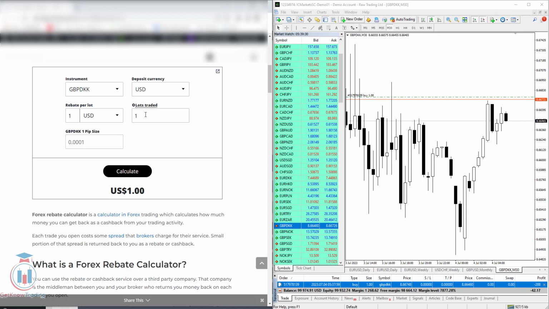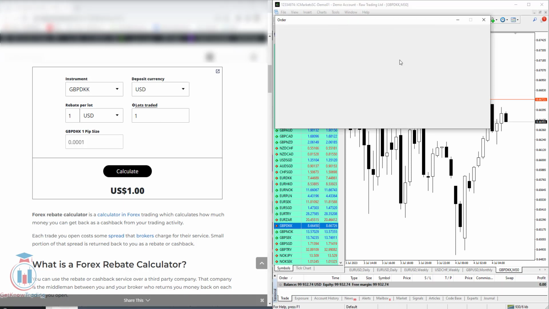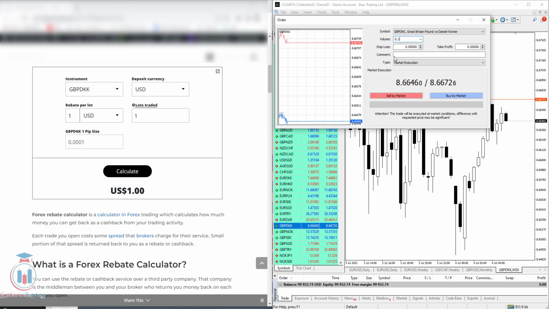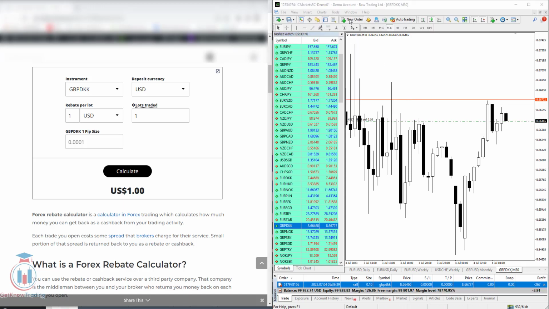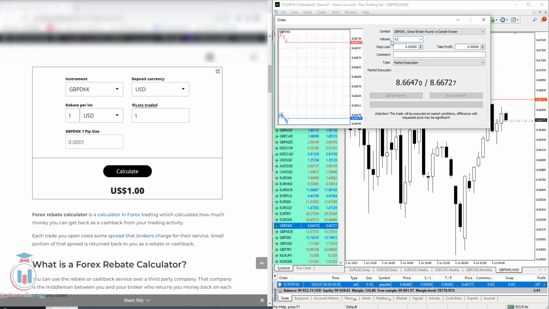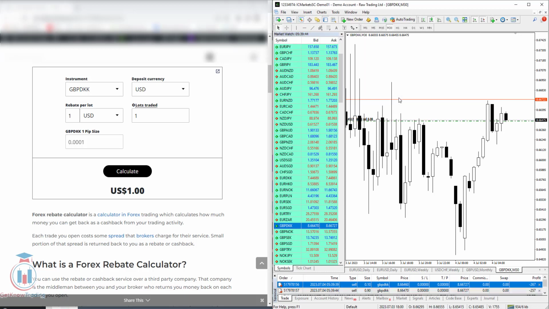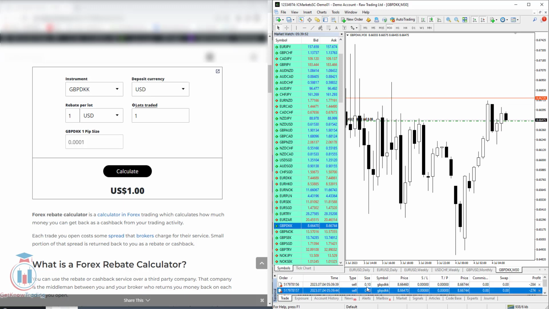Have in mind that also the lot that is visible here, it means that you can open several trades, for example 0.1, sell by the market, then open second one, for example 0.9, sell. This means for these two orders, we have totally the size of one lot, so 0.9 plus 0.1, this means one lot.